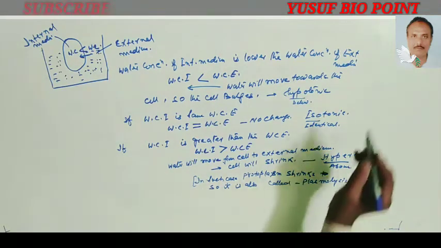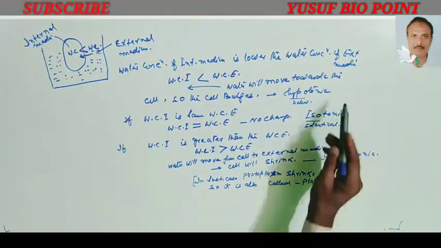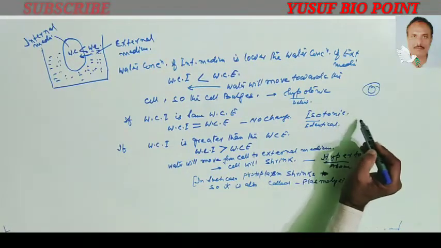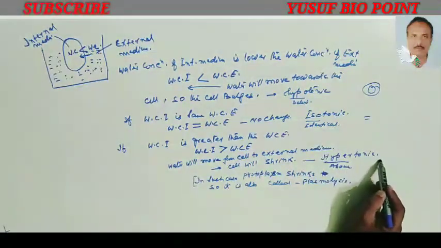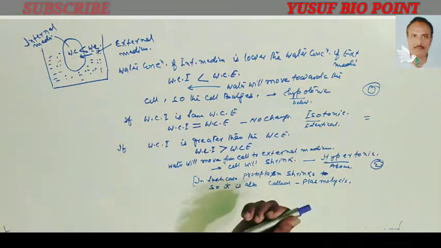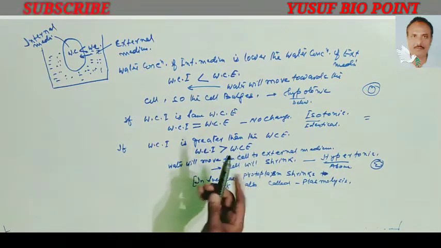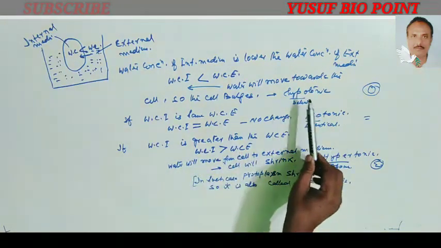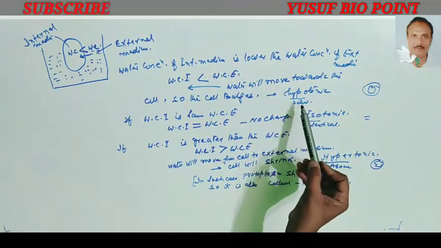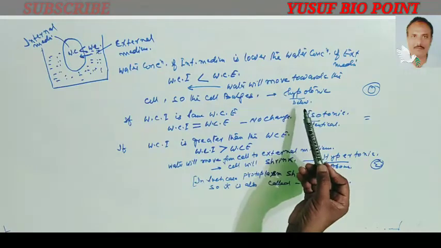In this way, here the cell will bulge, here there is no change, and here the cell will be squeezed. So the conditions may be hypotonic, isotonic or hypertonic. Hypo means below: the concentration inside the cell is below.